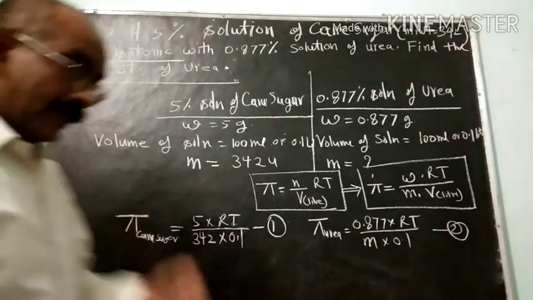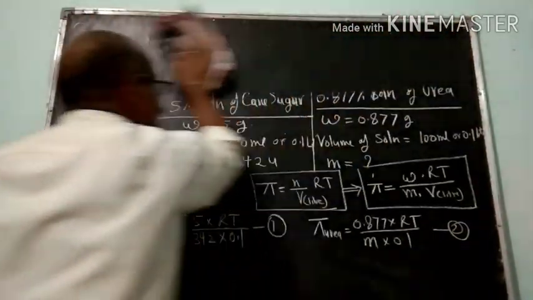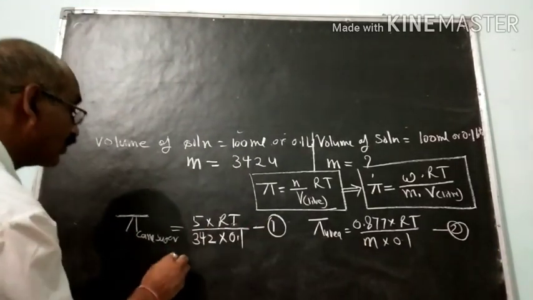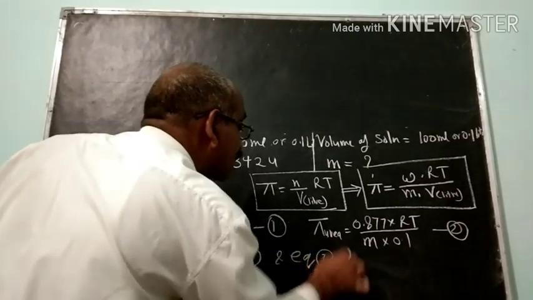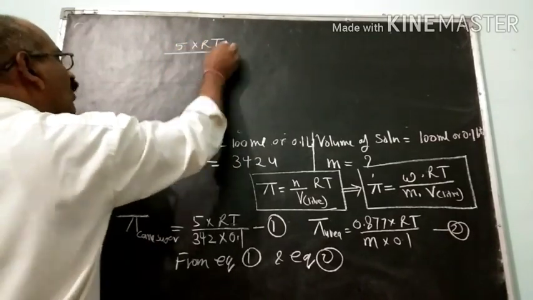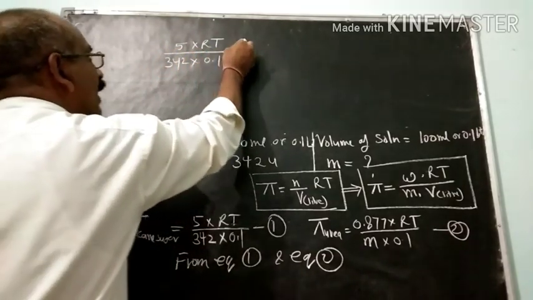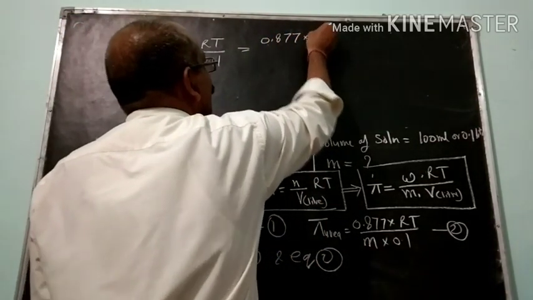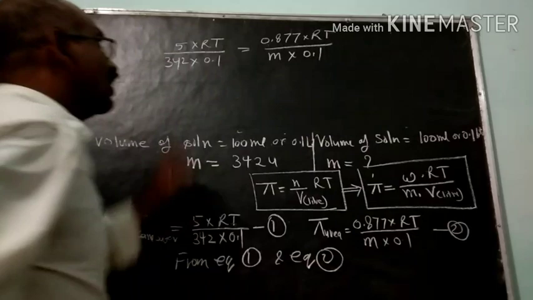To determine the molecular mass, we equate equations 1 and 2: 5 into RT over 342 into 0.1 equals 0.877 into RT over M into 0.1.